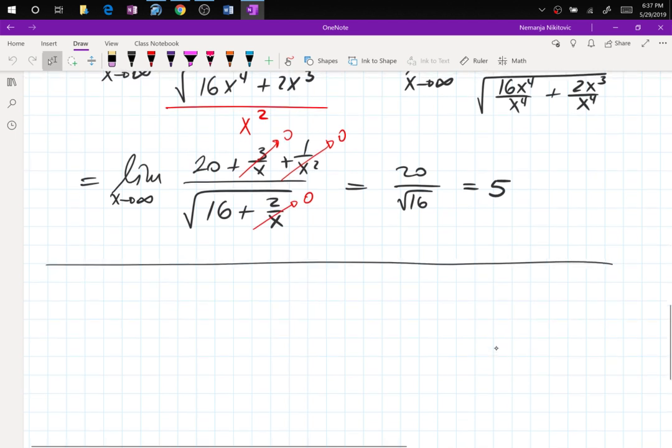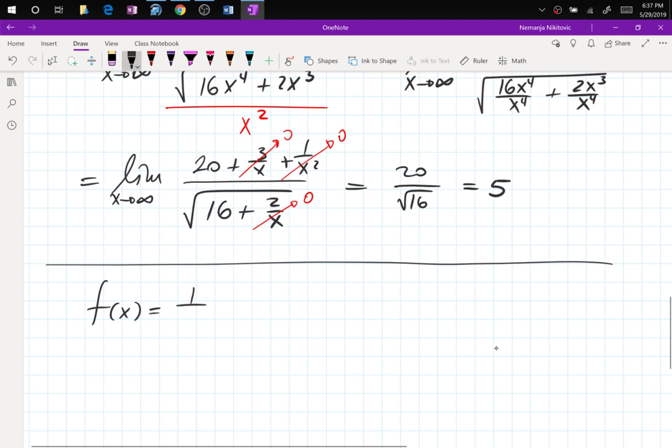So what are the functions? We need f of g of capital G of x, where f of x is absolute value of x.